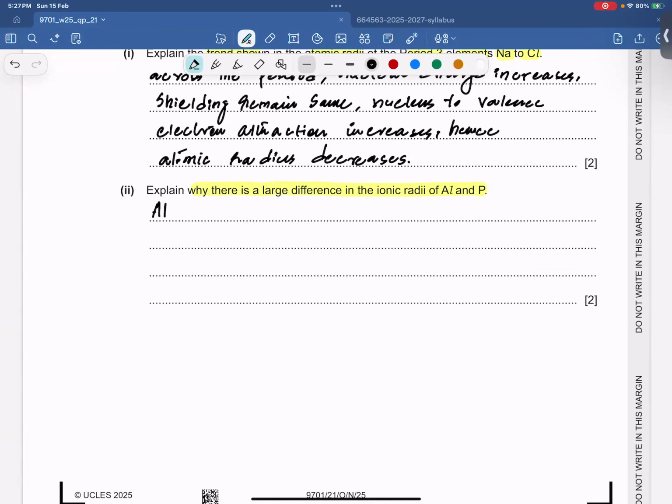Explain why there is a large difference in the ionic radius of aluminum and phosphorus. Aluminum is a metal belonging to group 3. In fact, group 13. So it loses 3 valence electrons.